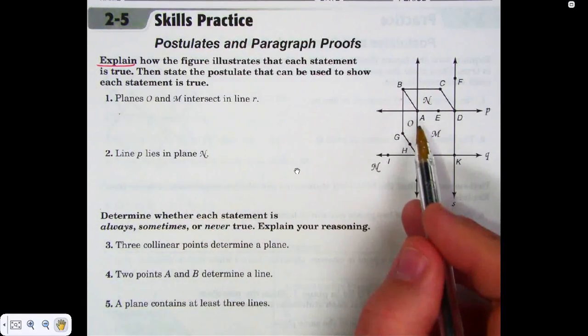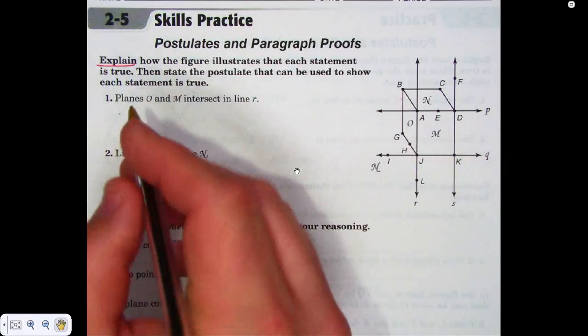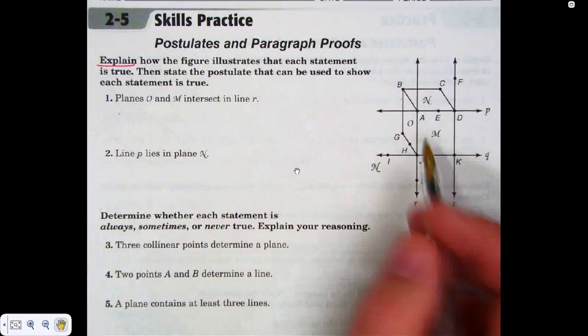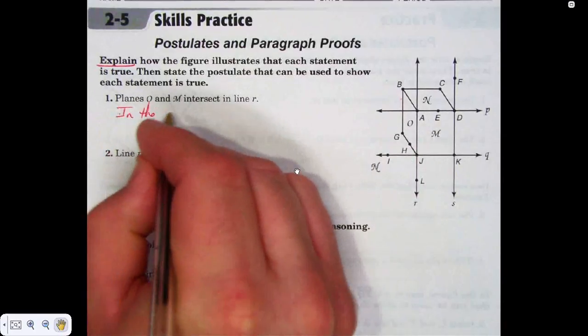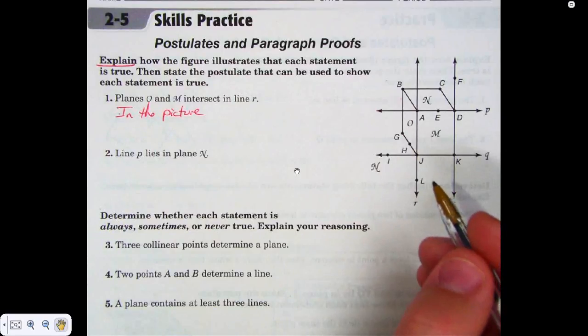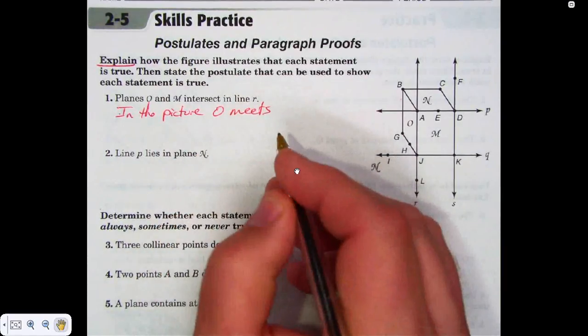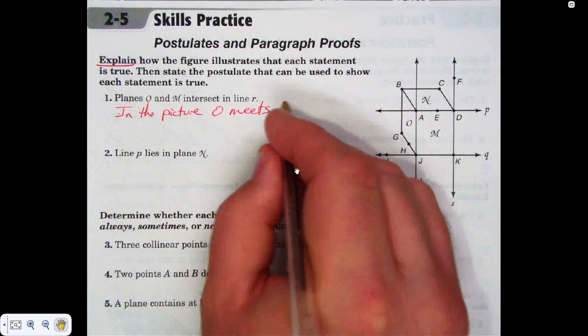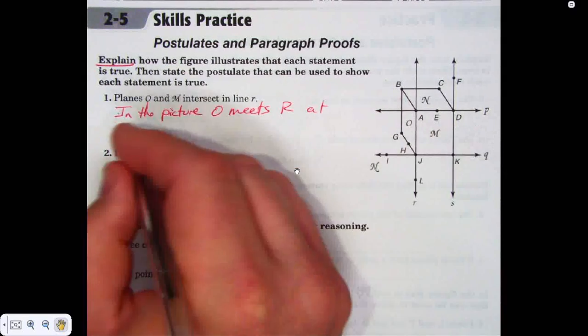Well, to be honest, looking at that, how could we describe that in the picture? What do you think? O meets R at, is this like an edge?